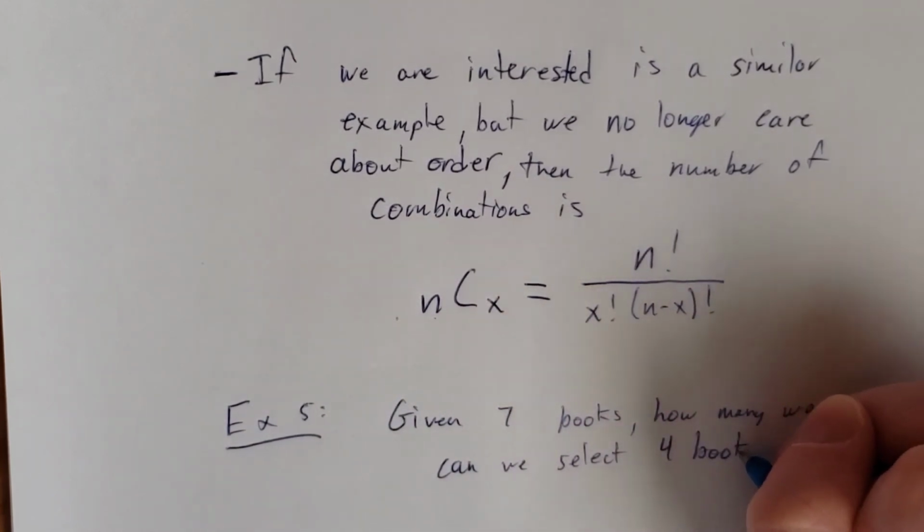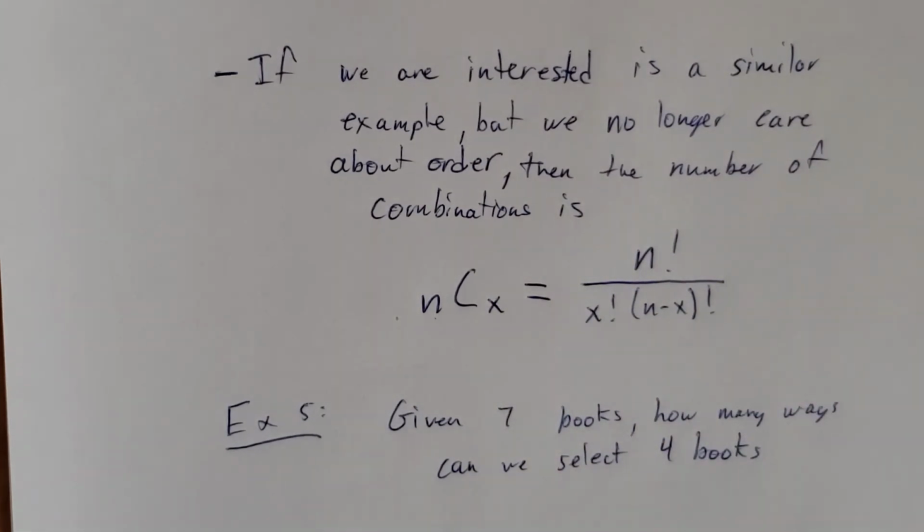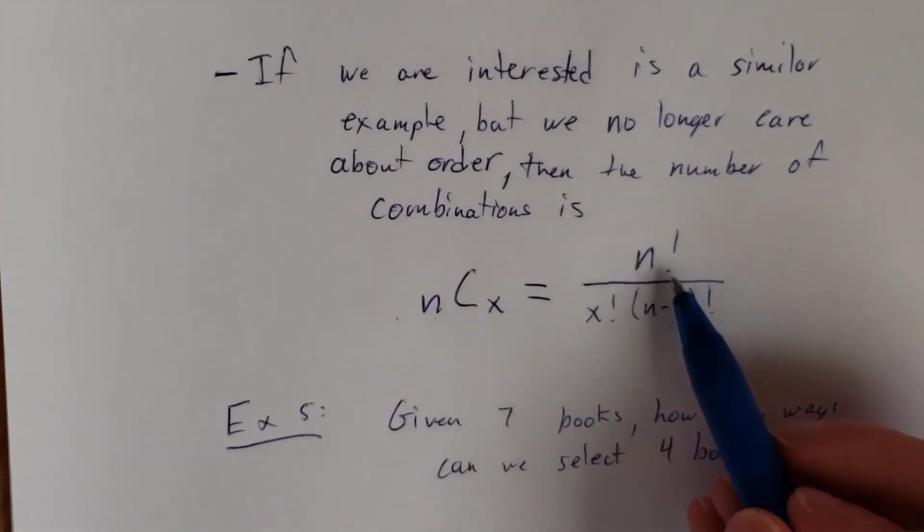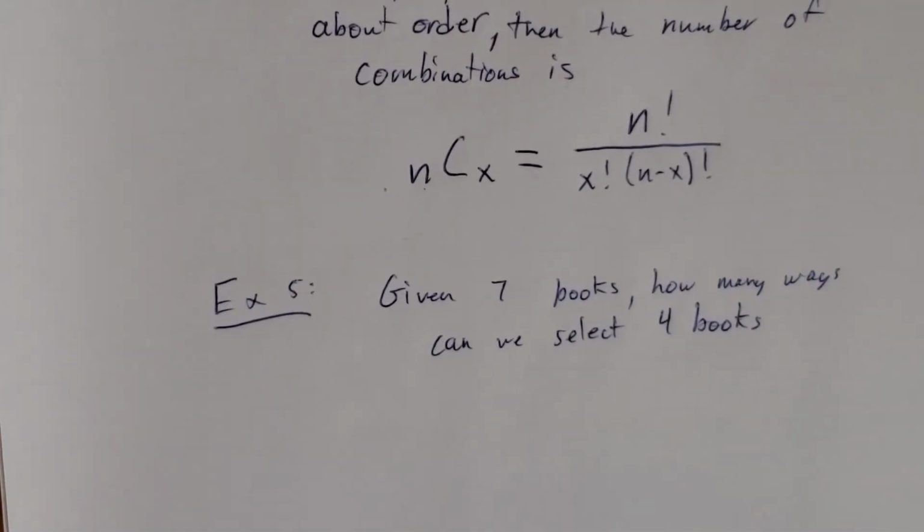We no longer care what order those books are selected in. We're not arranging them on a bookshelf, and so we don't care about the order that they are on the bookshelf. We just want to know, if we have 7 books, how many different selections of 4 books could we make? And that's what this formula right here can answer.